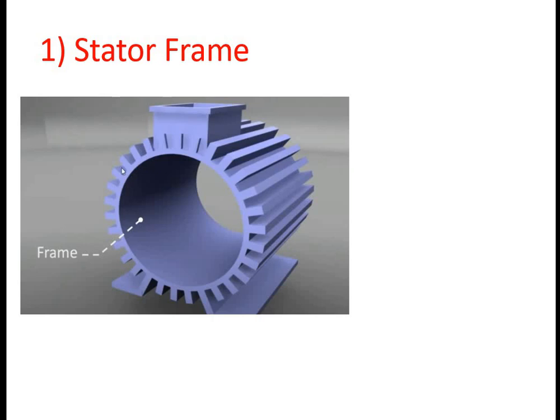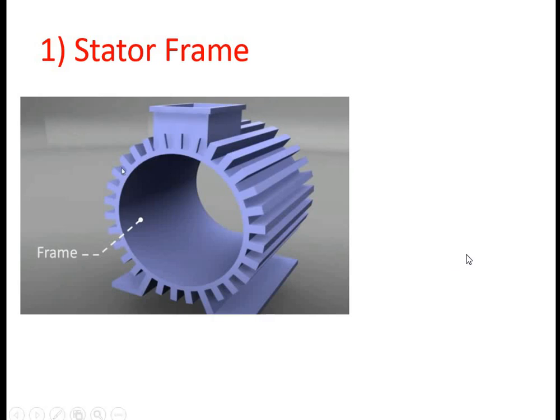That outer cover we sometimes call the yoke, and here we represent it as the stator frame. In the stator frame we have many strips, and the purpose of such strips is to provide proper ventilation to the three-phase induction motor.